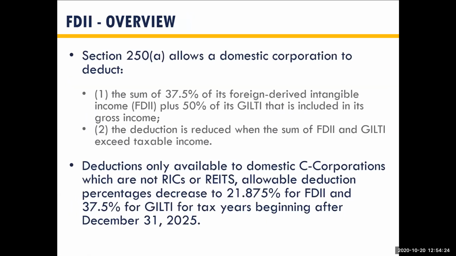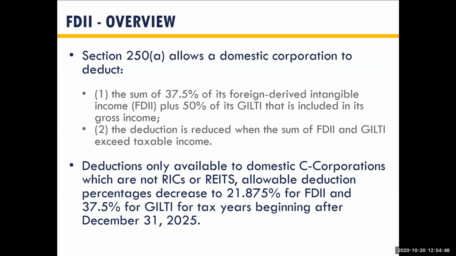Okay. So this is just a statement of the new tax code that talks about section 250, and that the deduction is only available to domestic C corporations, and it allows you a deduction to get you to the reduced effective tax rate.